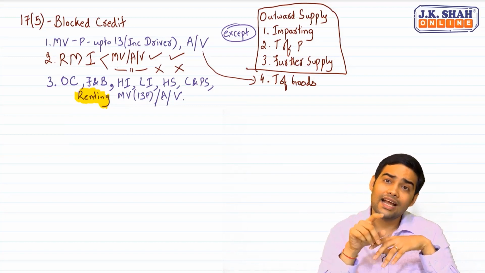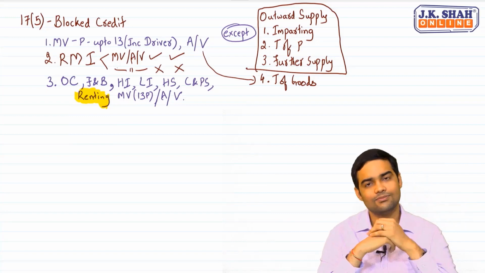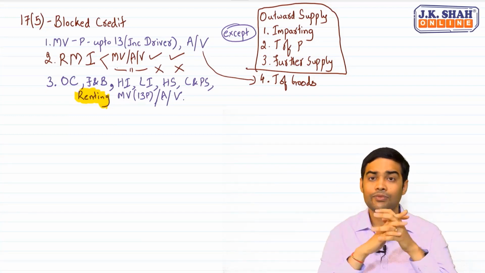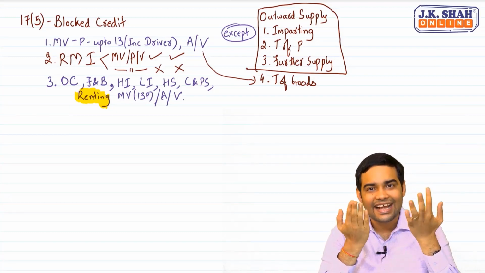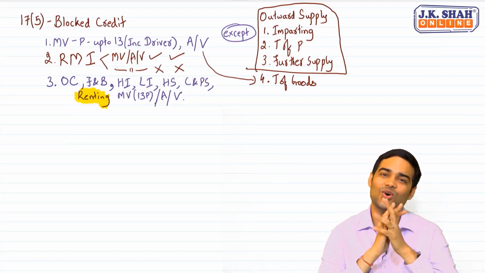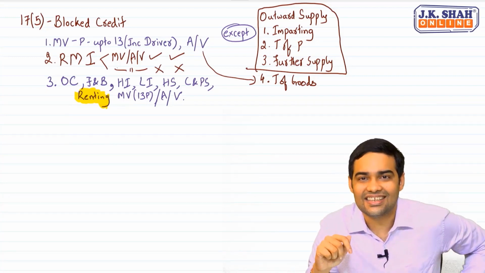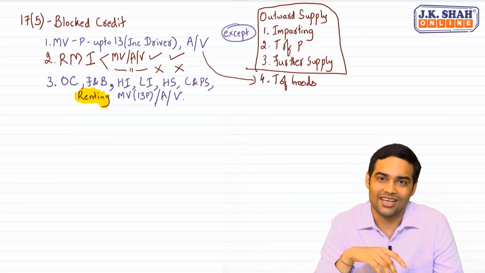Will Mr. A get ITC of that particular car? The answer is yes, because he is providing renting service. Okay. Will Cgsp classes get ITC on that renting service which they have taken? The answer is no, they will not be eligible for ITC. If they don't get for car, in that case, they will not get for renting of this particular motor vehicle.